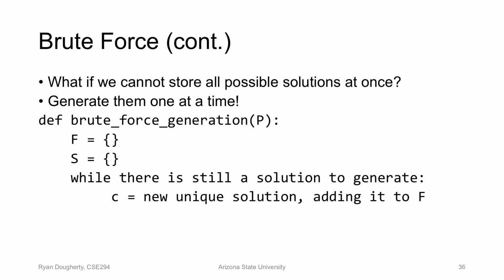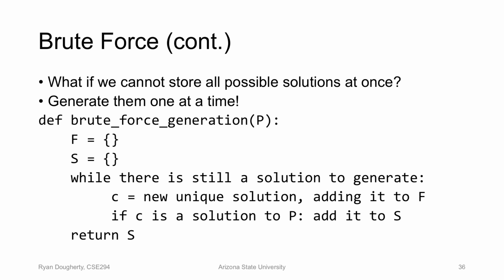And when we call this new unique solution, we'll check if F already generated it. Instead of making this entire list all at once, we just check if it's in F already. And if it's not, then we make a new one. If it is a solution, then we add it to the set of solutions as we did before, and then return. Okay? So are there any questions on all of the algorithm stuff? I know that was a lot to take in.